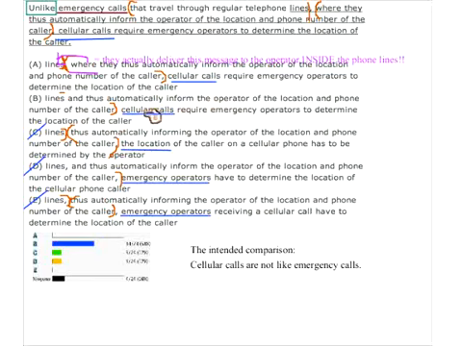So B is correct. Again, the goal of today is to get you to a place where you can eliminate C, D, and E really quickly. Because as soon as you see unlike emergency calls, you should be like, what is unlike emergency calls? And boom, okay, it's cellular calls. Questions? If you have any questions, fire away.